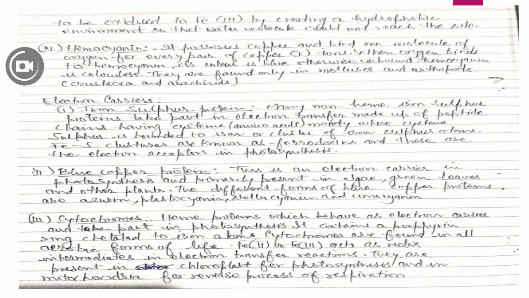Some important iron sulfur proteins are ferredoxins, and different types of iron sulfur cluster proteins we will discuss later on.